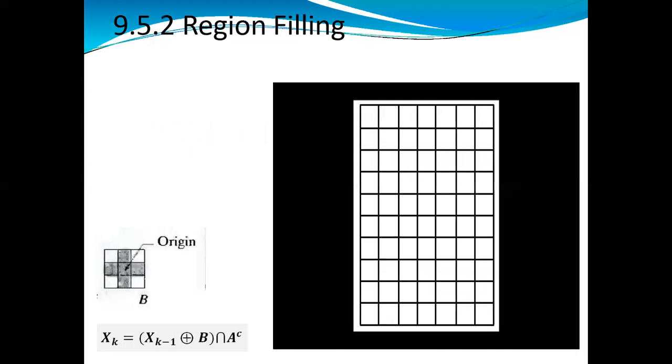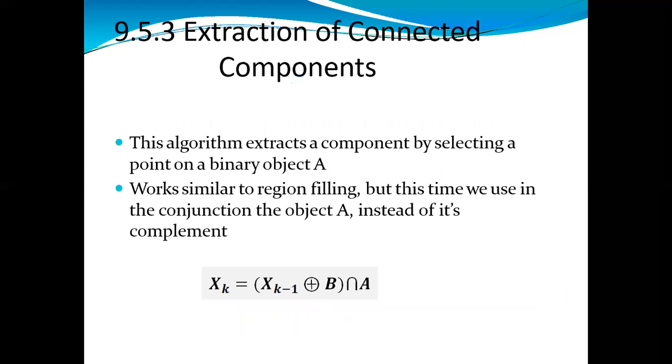Then region filling. Then extraction of connected components. This algorithm extracts a component by selecting a point on a binary object A. It works similar to region filling, but this time we use the object itself instead of its complement.